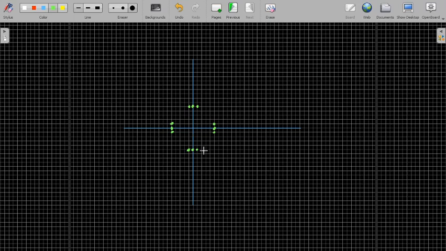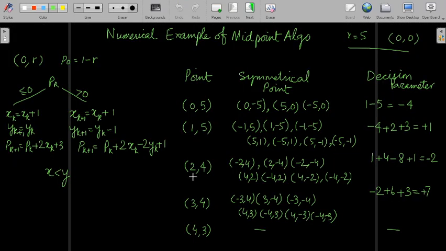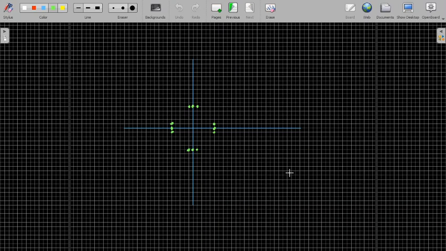And in the next round we got another point which is 2, 4, and 7 points which are symmetrical to it. So 1, 2, 3, 4, you get this point. And out of symmetry you get minus 2, 4. You get 2, minus 4 somewhere here.